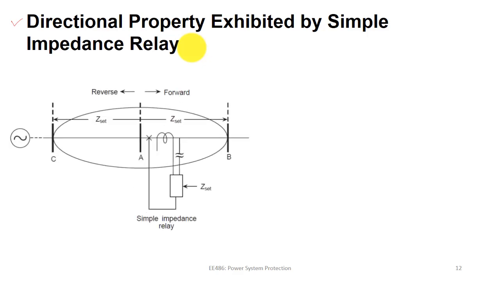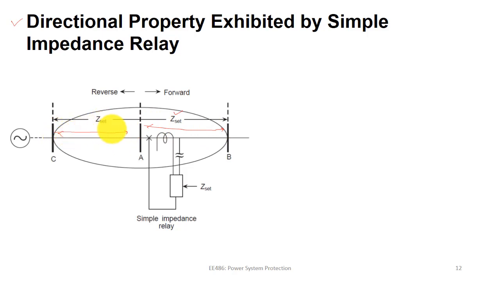Let us see it. Here we can see the set point, right? The relay is connected at bus A, and this feeder has bus C and bus B. There are 3 buses, right? If the set point of the relay is Z set, in this direction it will act, and also in this direction it will act.